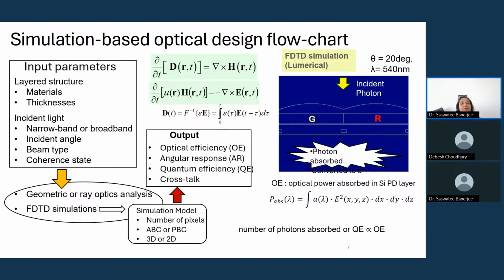So this is a typical optical design flowchart. Here we have the Maxwell's equations, as I think Professor Cole also discussed. These are the main equations that are solved in the finite difference time domain method. Most of the problems that we deal with in this particular case have no nonlinearity involved in the materials.